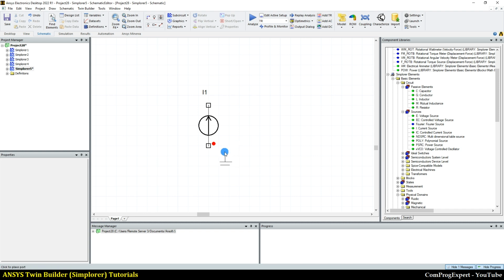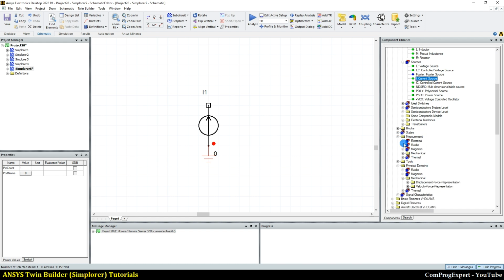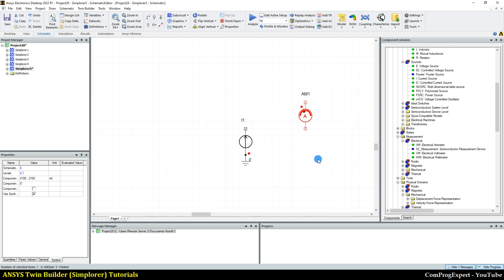So now if I place the ground here and I want to measure this current, we need an ampere meter. If I place this here and place another ground here, yes.